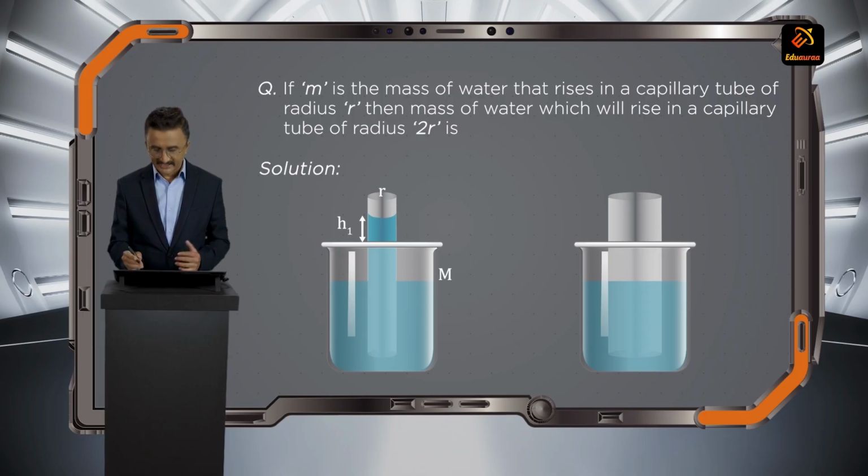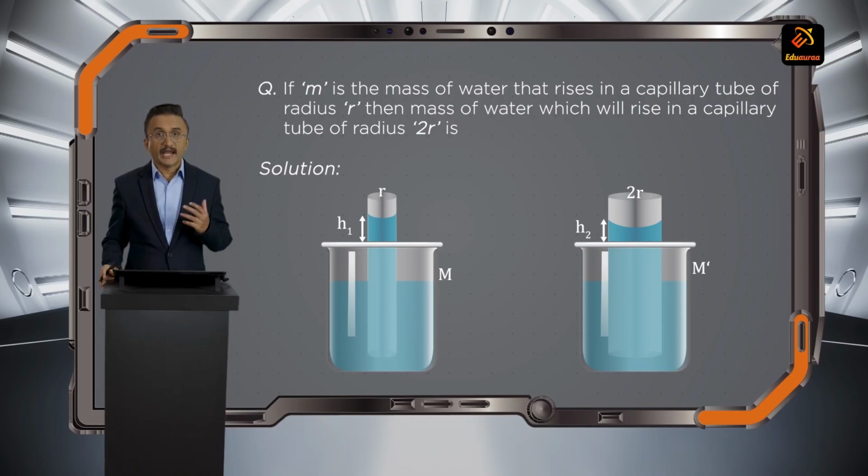So this is my second case. Now the radius is doubled, and the water rises up to a certain height, suppose H2. But the radius is 2R. And in this case, the mass is M dash or M2. So we have to find out this mass.